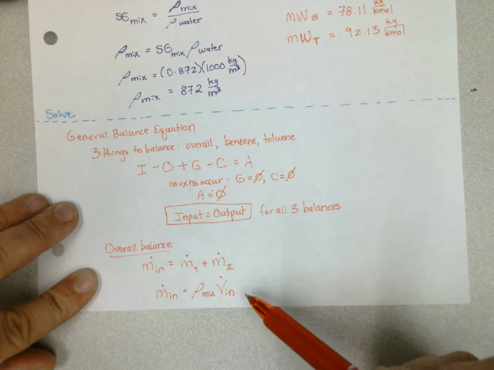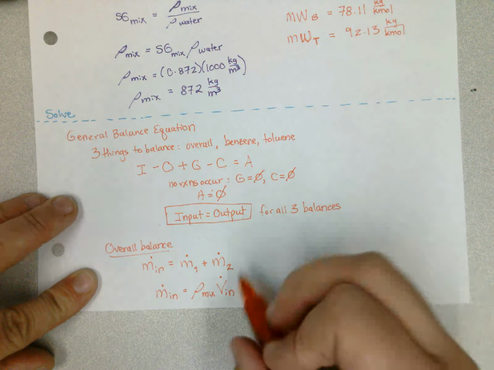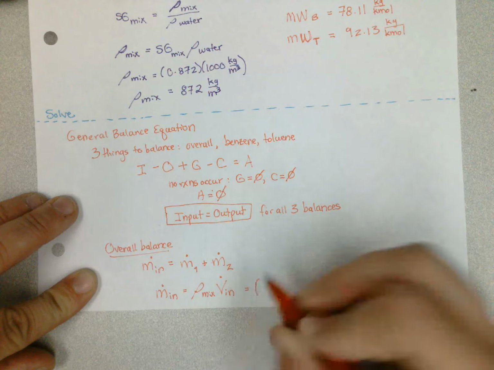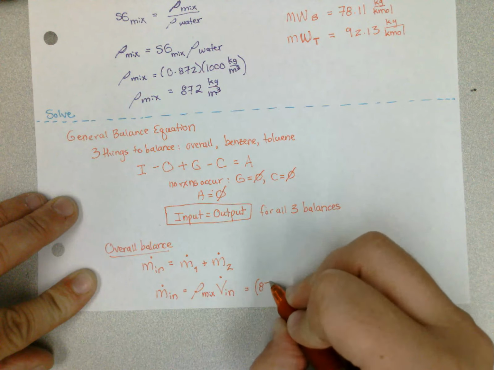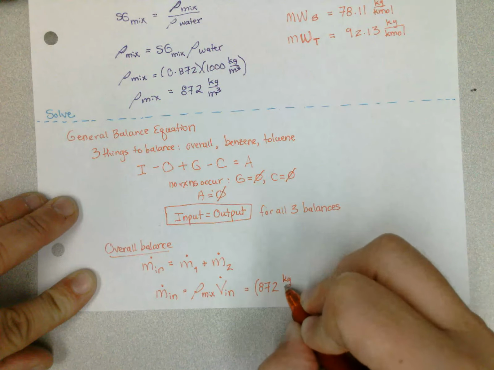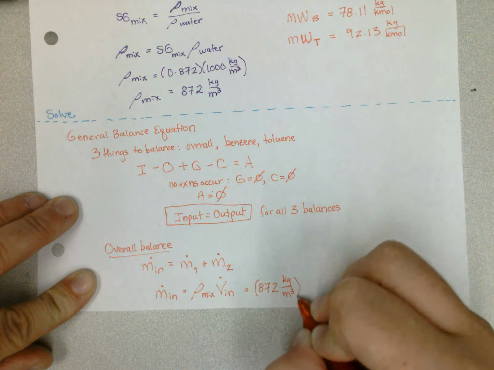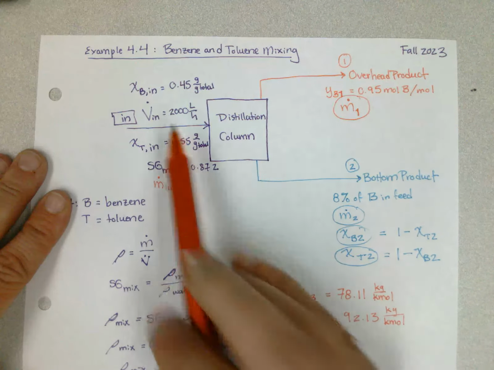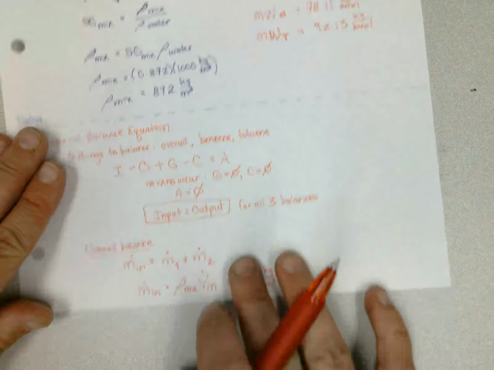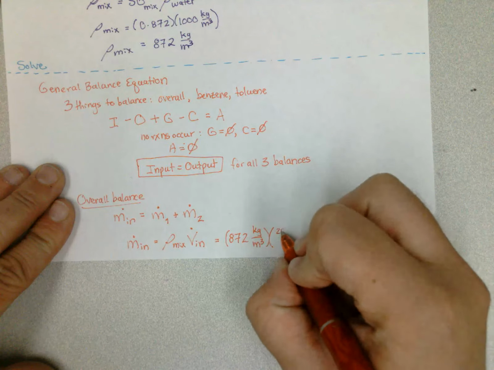Hopefully that makes relatively good sense to everybody. So I'm going to plug some numbers in here. We already solved for the rho of our mixture, that was 872 kilograms per meter cubed. And our volumetric flow, if we go back to our diagram, is the 2,000 liters per hour. So let's plug that in.